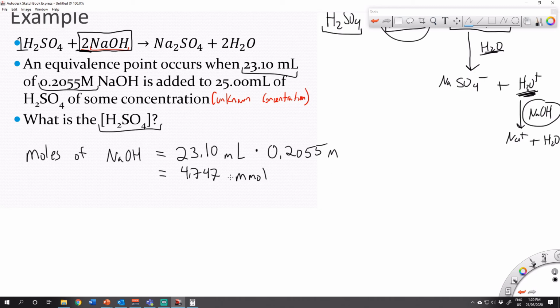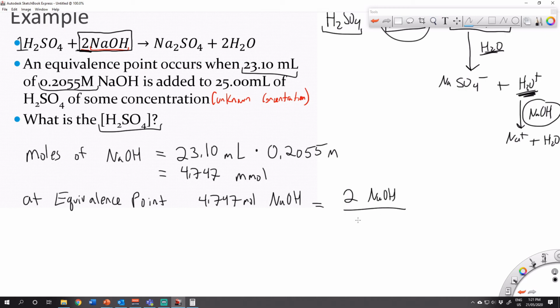millimoles of NaOH. Now, at the equivalence point, so not the same as equilibrium, at equivalence point, the 4.747 millimoles of NaOH has to match our 2 NaOH to 1 H2SO4 ratio.